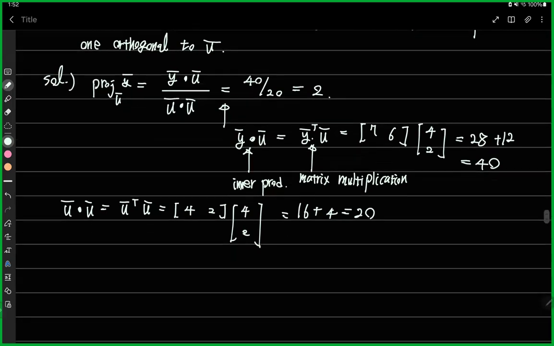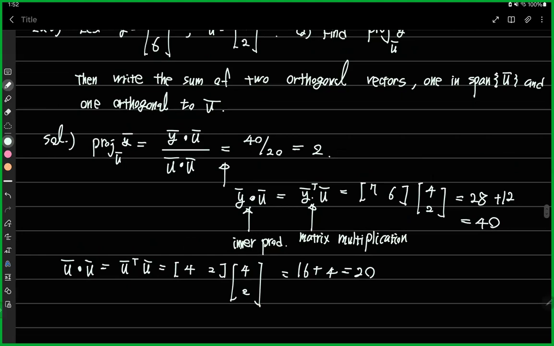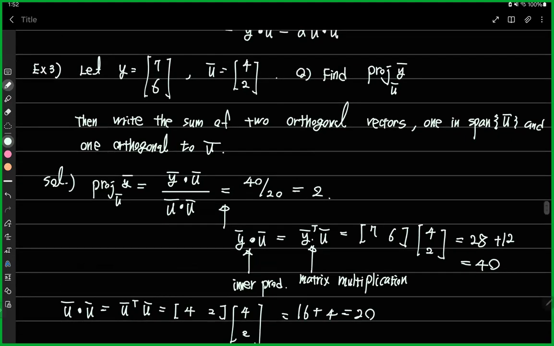Now the next question is to write y as a sum of two orthogonal vectors, one in span u and one orthogonal to vector u.